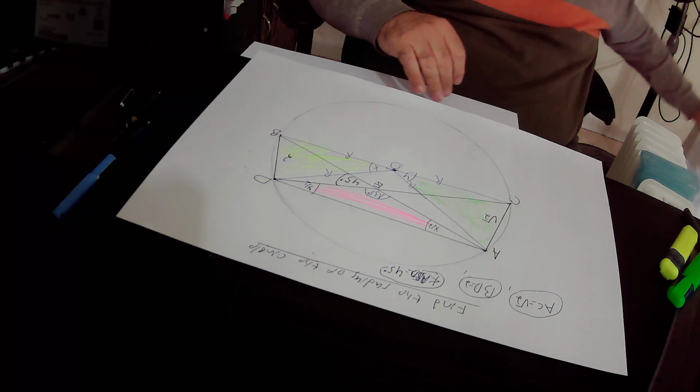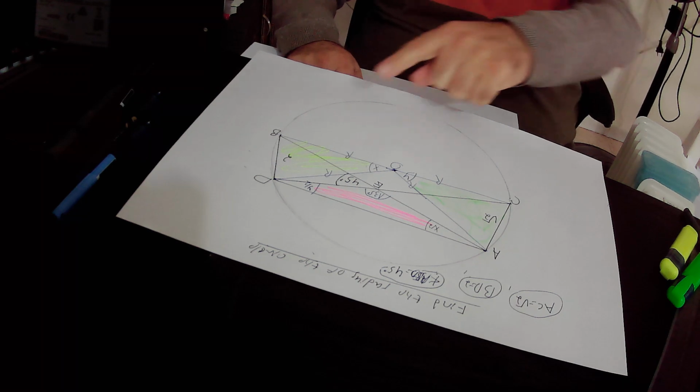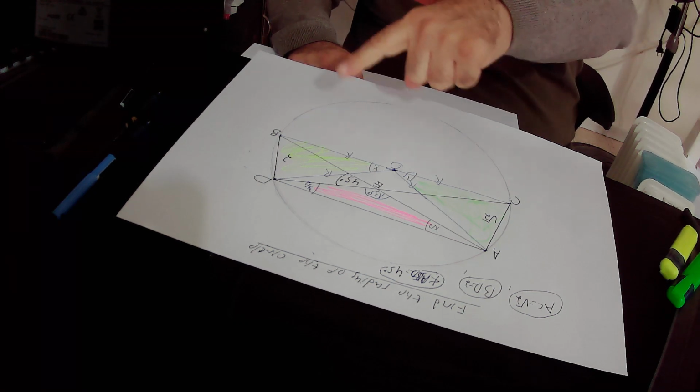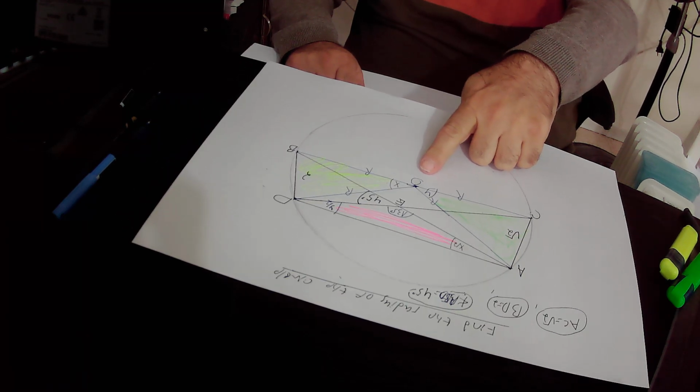And then here we have BD. BD is not the diameter of this circle. Why? Because it doesn't pass through the center of the circle, that is to say it doesn't pass through point O, the center of the circle.